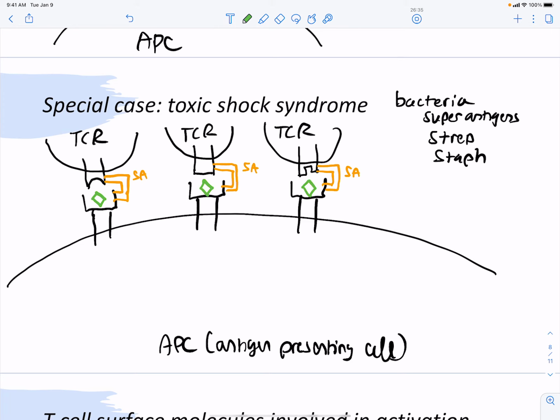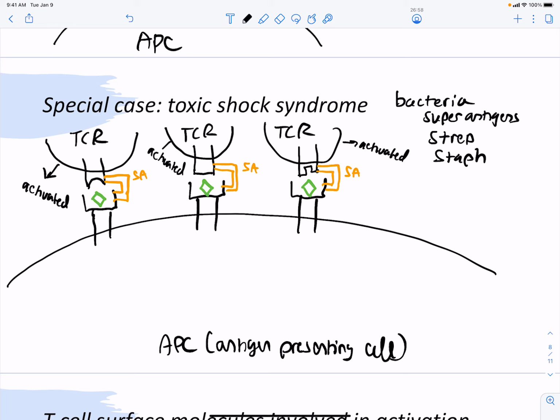It doesn't fit any of these T cells, but because the superantigen is present, all the T cells will get activated. The superantigen is tricking the T cells into thinking that they've seen their antigen.